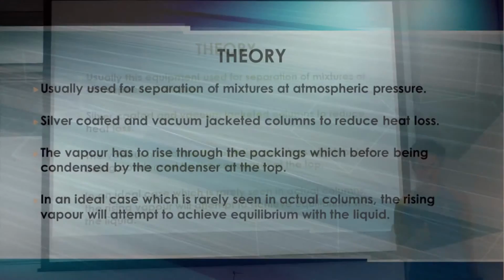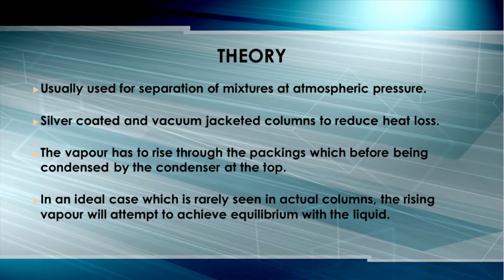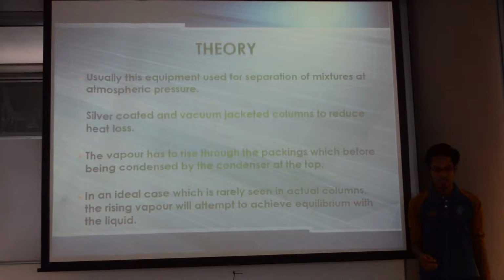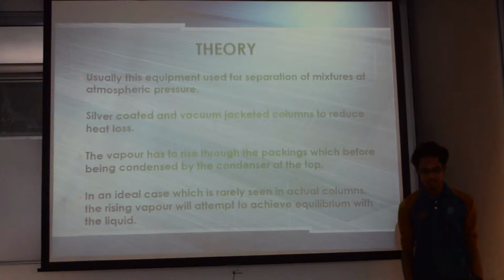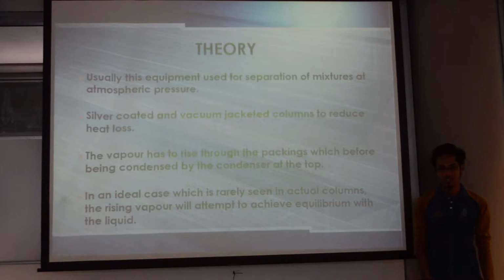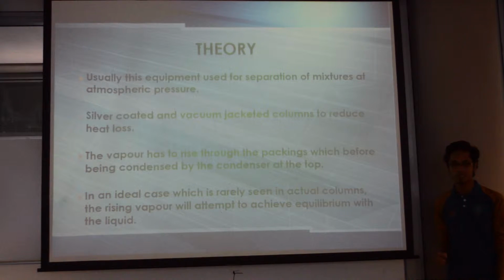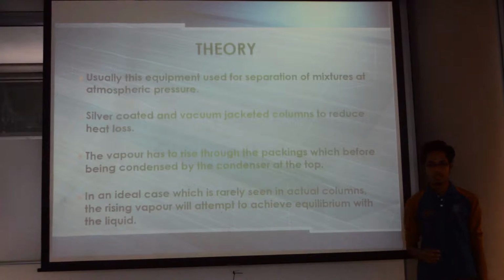The vapor has to rise through the packing before being condensed by the condenser at the top. An ideal case is rarely seen in an actual column. The rising vapor will attempt to achieve equilibrium with the liquid.